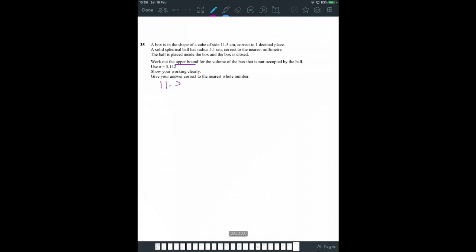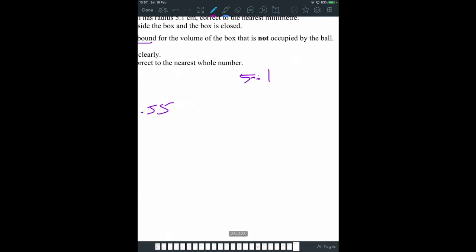First thing you should always do with bound questions is to write out all of the useful bounds. So we've got 11.5 to the nearest decimal place with its upper and lower bound, 5.1. Nearest millimeter, when written in centimeters, is also to the nearest decimal place. So 505 and 515.